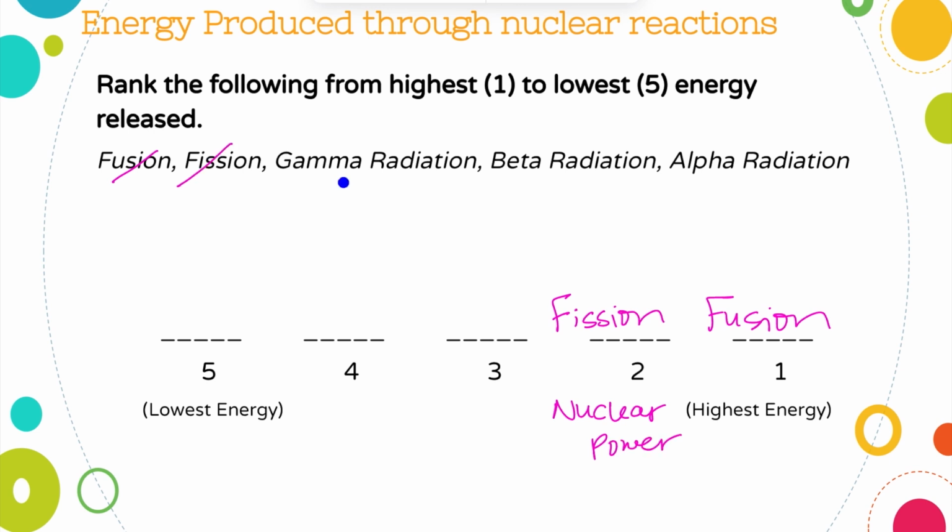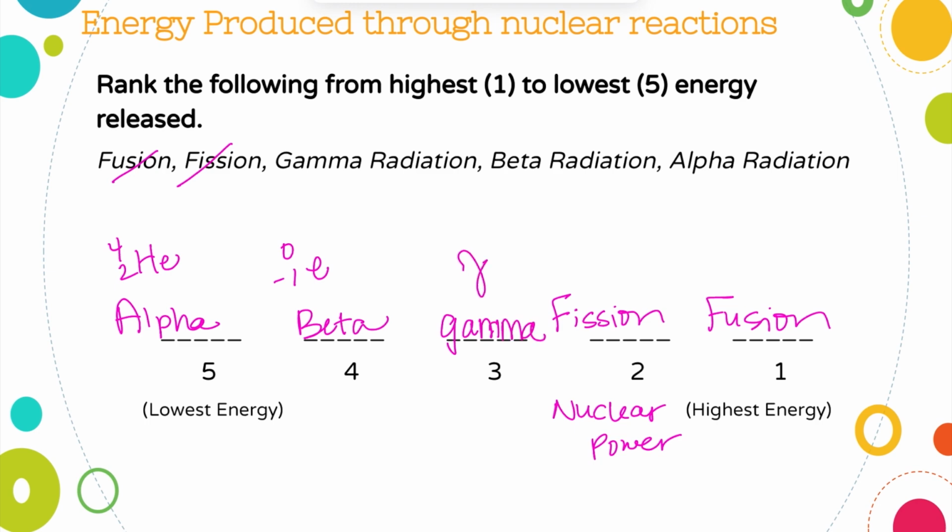Thinking back to the first set of notes where we have gamma, beta, and alpha radiation, well, alpha radiation is the weakest with that helium atom being released. Beta radiation is next. That's if we have an electron being released. And then gamma is that release of energy. That gamma radiation is strongest of those other three we talked about, and then comes fission and fusion.